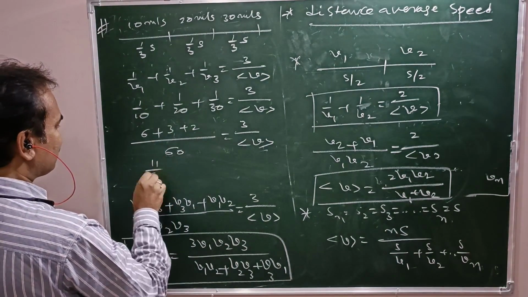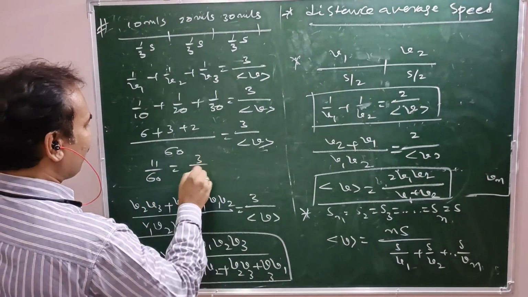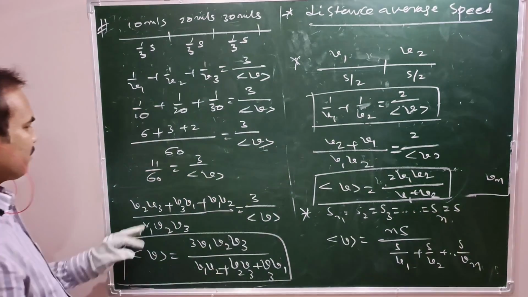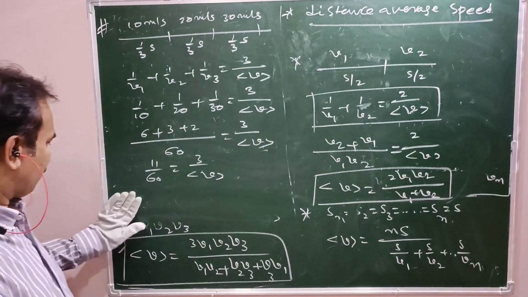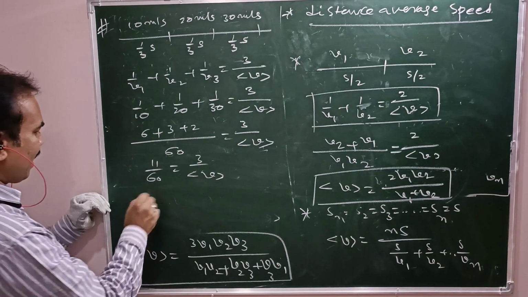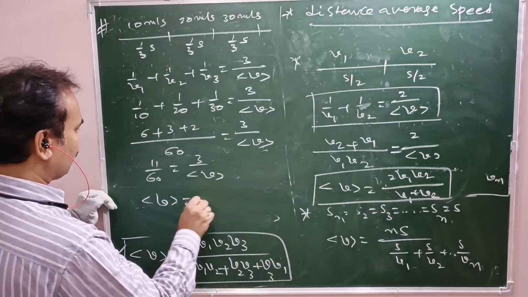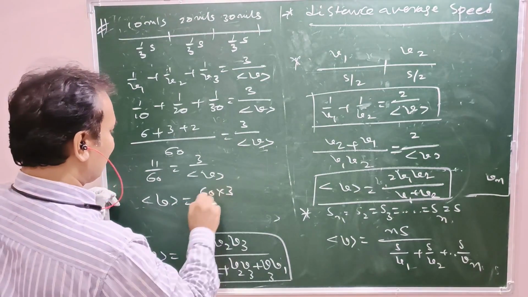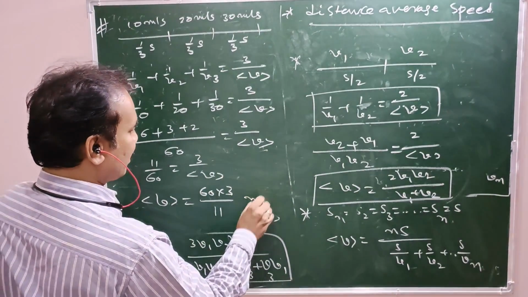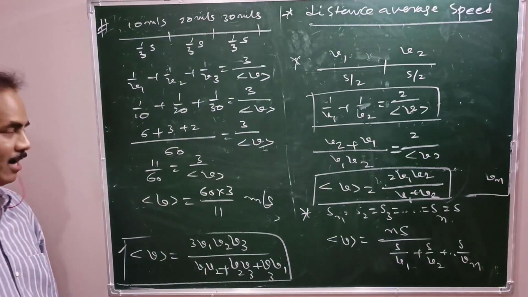So 11 by 60 equal to 3 by v average. Now make v average the subject: v average equal to 60 into 3 by 11 meters per second.